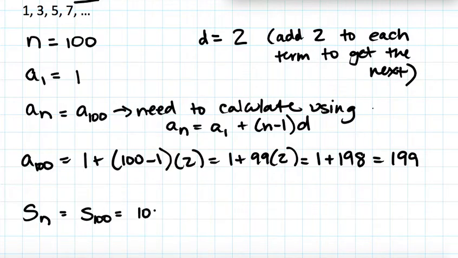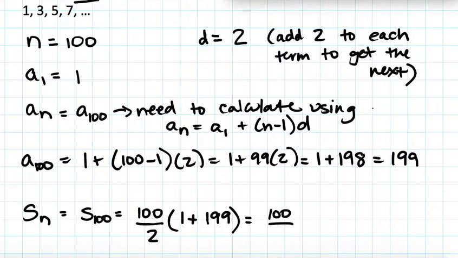My n is 100 over 2 times a sub 1, which is 1, plus a sub 100, which is 199. So plug those three numbers into the formula and then do the math. That's going to be 100 divided by 2 times 200, and that is going to come out to be exactly 10,000.